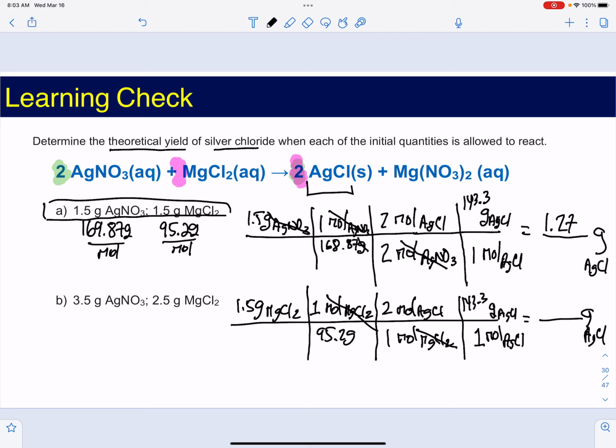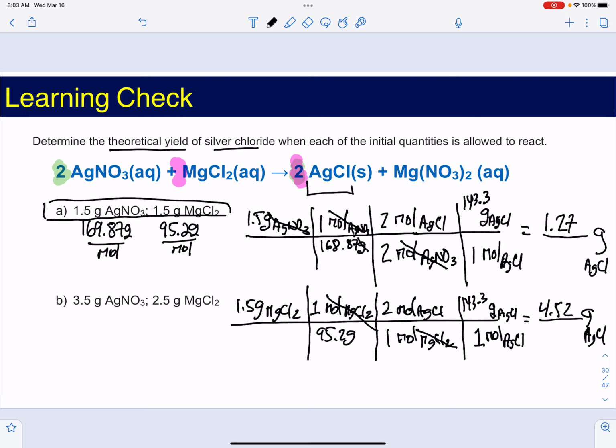So let's find out. So 1.5 grams multiplied by 1, multiplied by 2, multiplied by 143.3, divided by 95.2, divided by 1, divided by 1. And that's going to be 4.52.